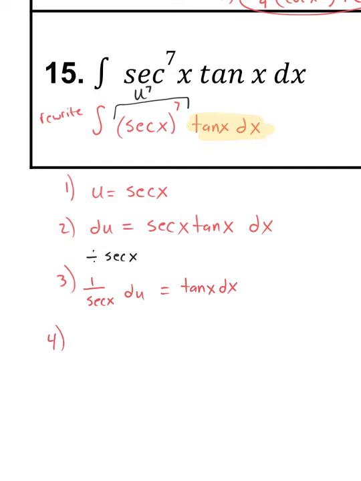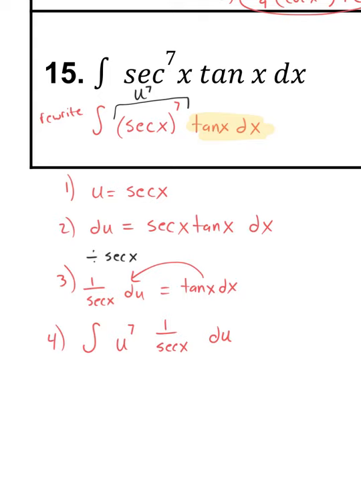Now, when I rewrite the integral, this piece would become u to the 7th, and that's fine, but I would have to replace this. The tangent of x dx would be replaced with 1 over the secant of x du. Now, the problem is this is not a coefficient. This will not come along for the ride, so it doesn't work.